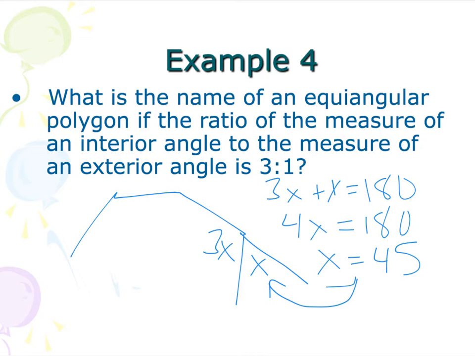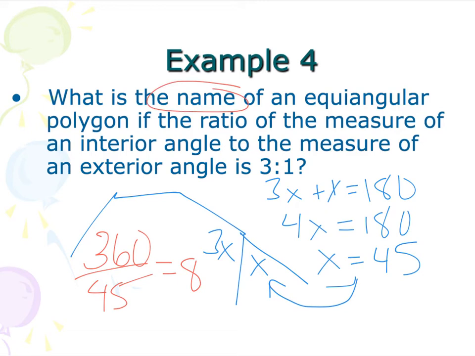If I just take my sum of my exteriors, which is always 360, and I divide it by 45, I will get my number of sides, which will be 8. Now, if I just said 8 for my answer, I'd be incorrect because it says, what's the name? And the name of this wonderful, wonderful polygon with 8 sides is an octagon.